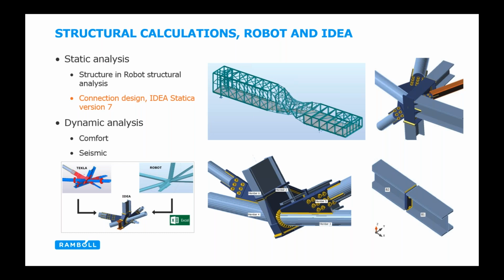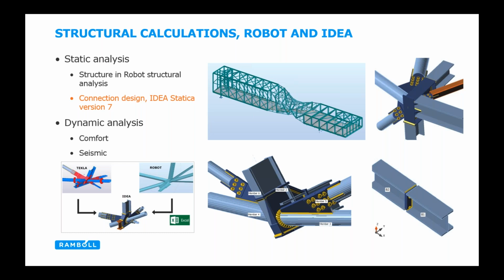That used to be version 7 and then 8. So pretty much an old version, but at the time it was perfectly helpful and helped Ramboll engineers to carry out the structural design of steel connections of this structure.